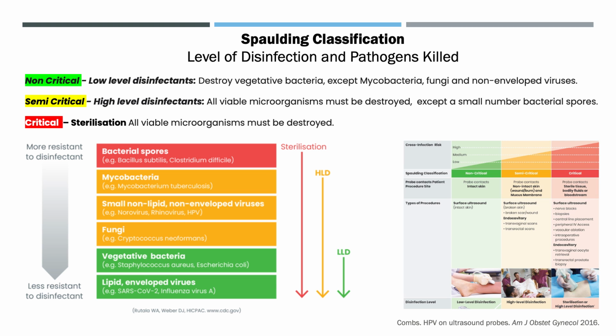But HLD, while it will often eliminate bacterial spores, may not completely eliminate bacterial spores such as Bacillus subtilis and Clostridium difficile, although it will be active in removing a number of those spores. So for non-critical devices, low-level disinfectants, as we mentioned, and for semi-critical devices, we want to use a high-level disinfection method that would kill all viable microorganisms except for small numbers of bacterial spores.